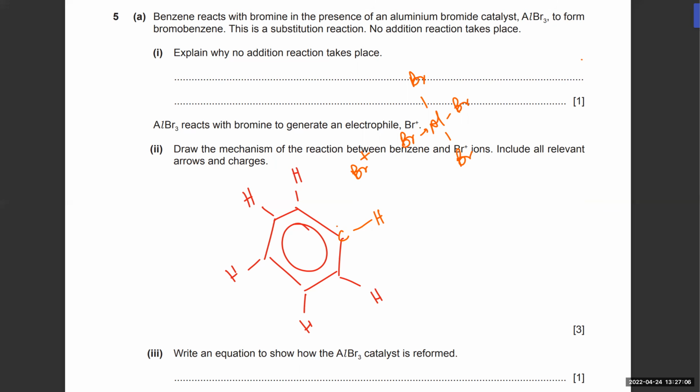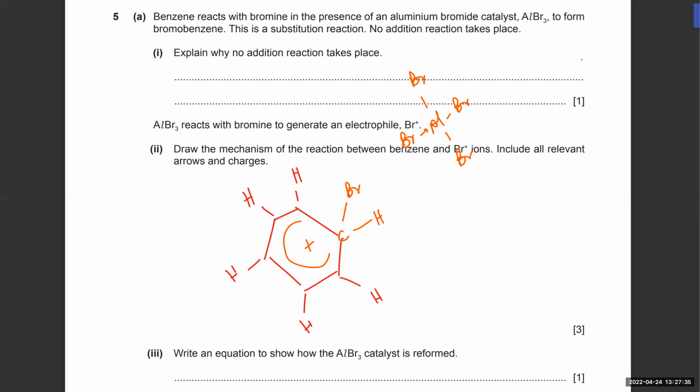Now that Br positive is interested in the benzene electrons. Each carbon atom is forming a pi bond, so it goes and attacks that particular carbon atom, and this Br plus 1 bonds with it, and a positive ion is formed.